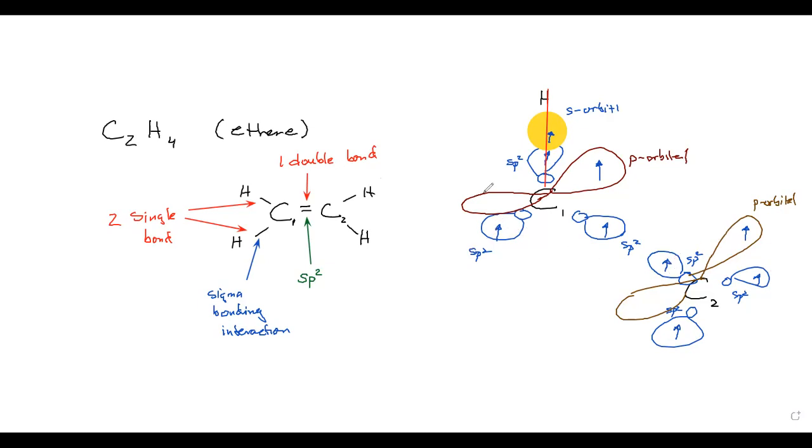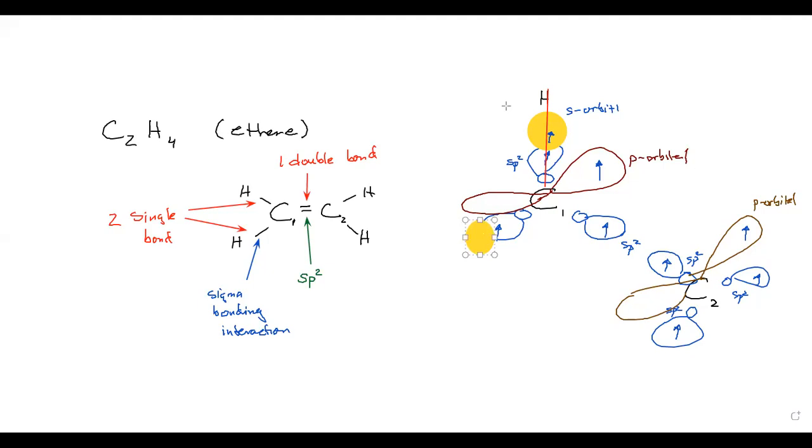The same thing over here, and maybe I'll just draw this to the side for you, just to make sure you understand that this orbital over here is also going to be interacting with a hydrogen atom. So the hydrogen atom is going to come in.